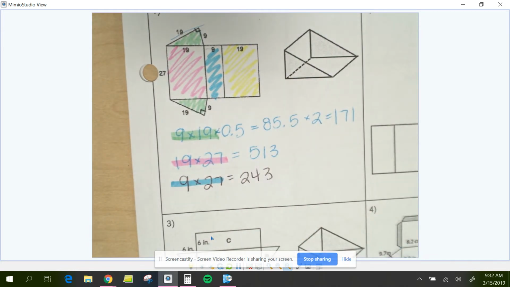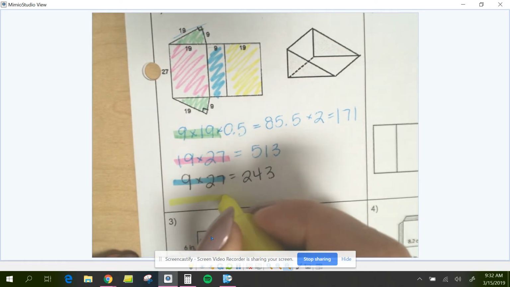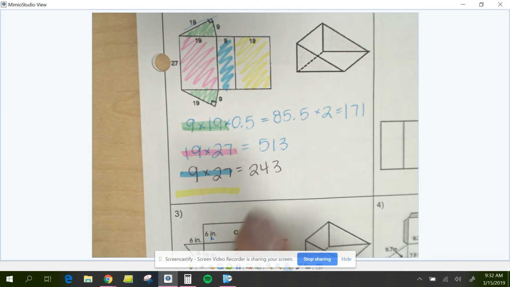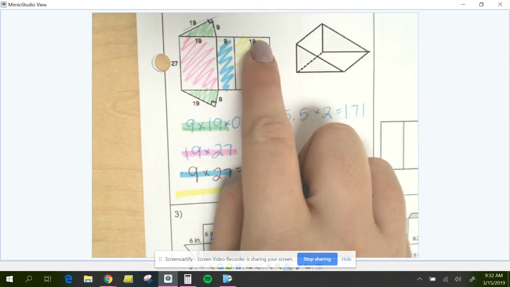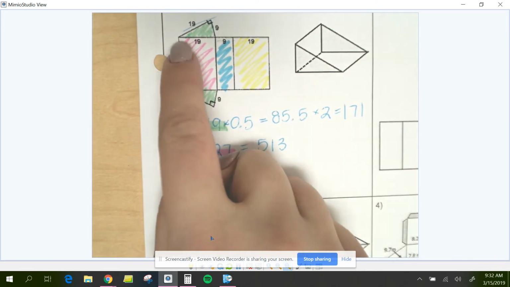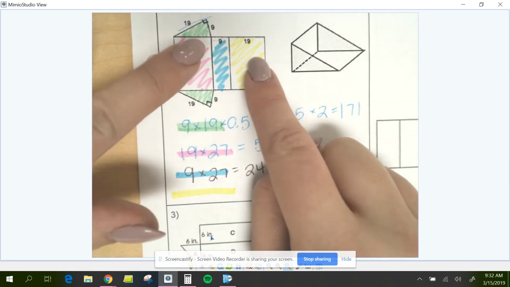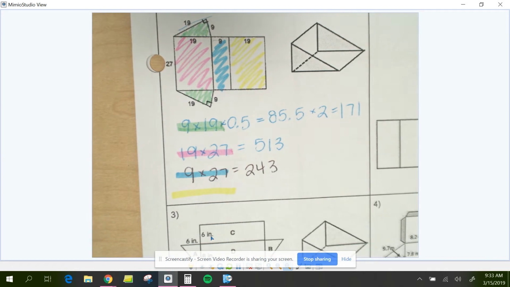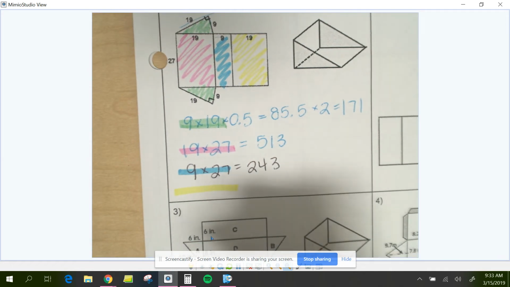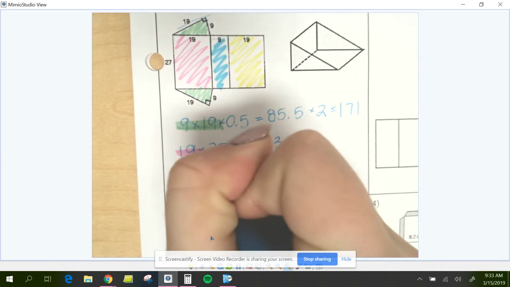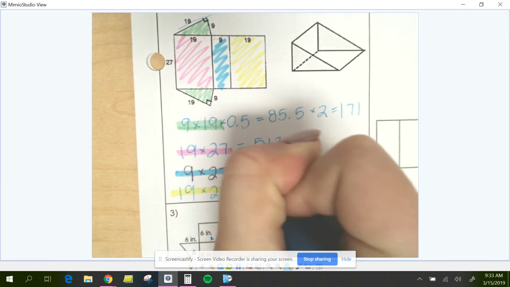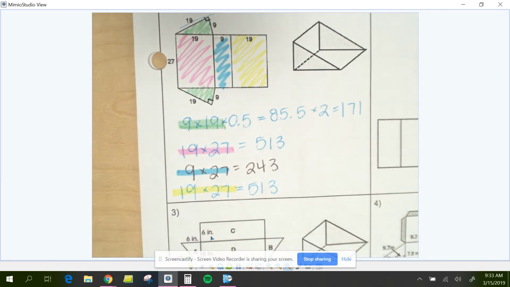And then my last one is yellow. Now remember, we want to just assume that they're all different. But as you can see, it gives me the base here, which is 19, and 27 is my height. So these two are actually the same. You just have to make sure that you use the information. So I have 19 times 27 again, which I know is 513.